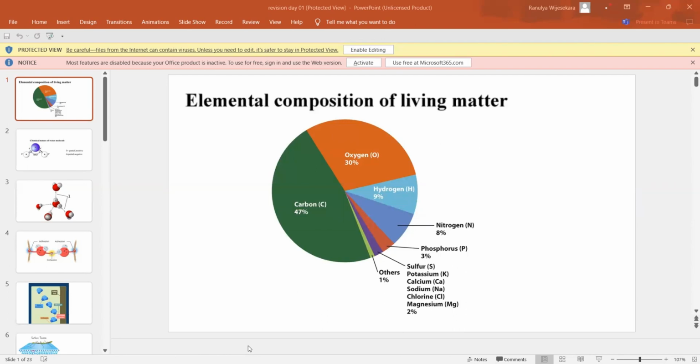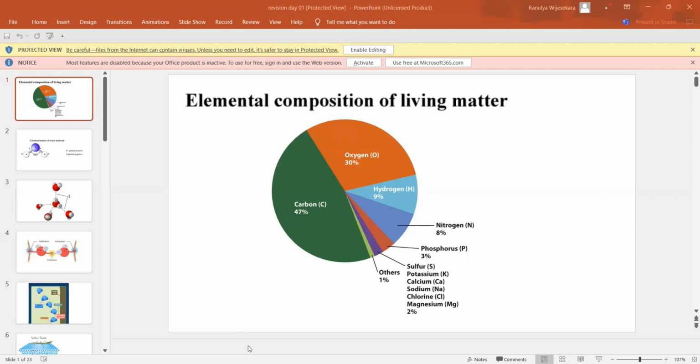Next point, 20 to 25% of elements are essential to continue healthy life and for the reproduction. Highlight the words to continue healthy life and reproduction.